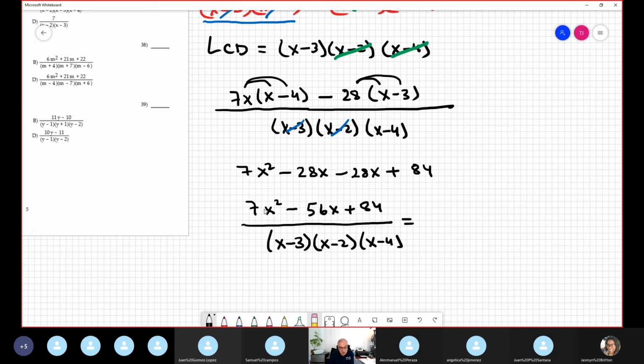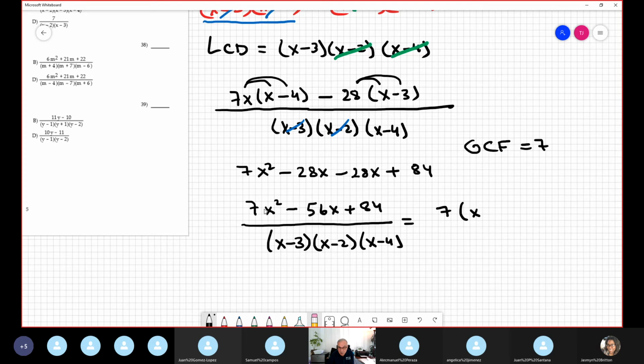I suppose yes, because in the top part the GCF is 7. Let me check just in case. Well, 7 divided by 7 is 1. 56 divided by 7 is 8. And 84 divided by 7 is 12. Nice. So the GCF is 7.